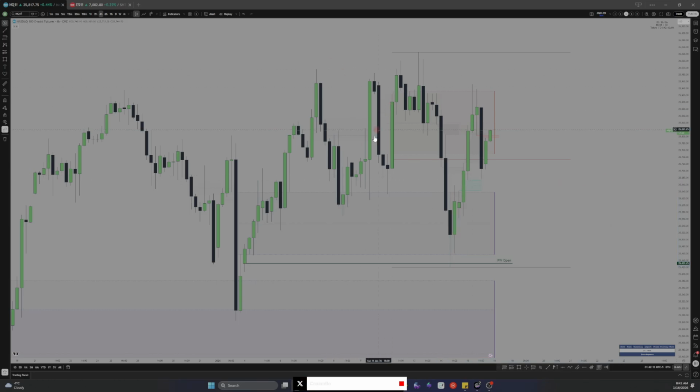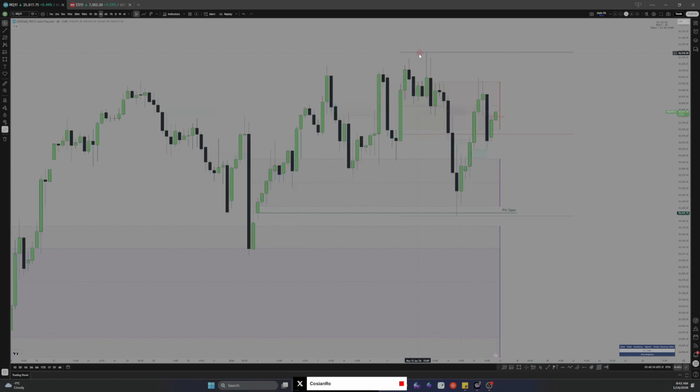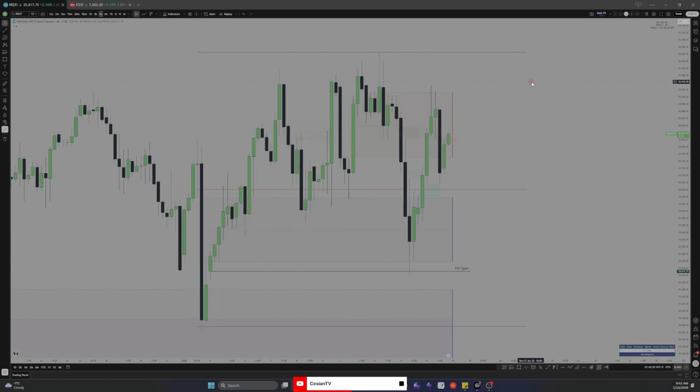So in this context, we have had internal range liquidity, and better yet, in the context of this impulse here, we have had internal range liquidity, now going to external range liquidity.